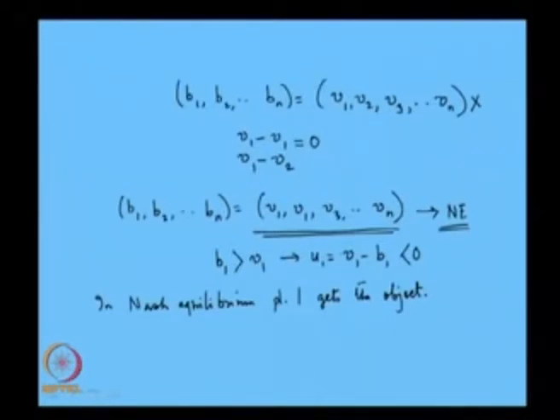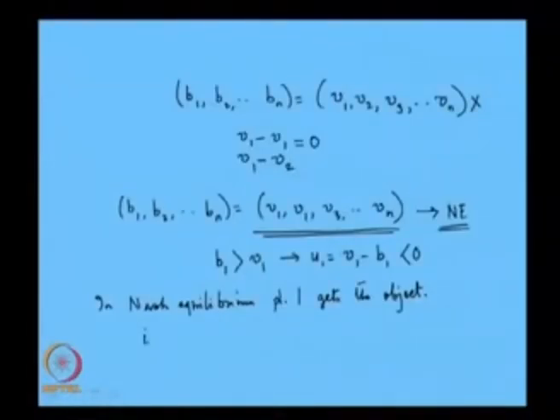Notice this was not the case in the second price sealed bid auction. There it could happen that other players are also getting the object, and the reason is the following: player 1, if he does not get the object, it must be the case that someone else is getting the object. So, let us call that someone I.